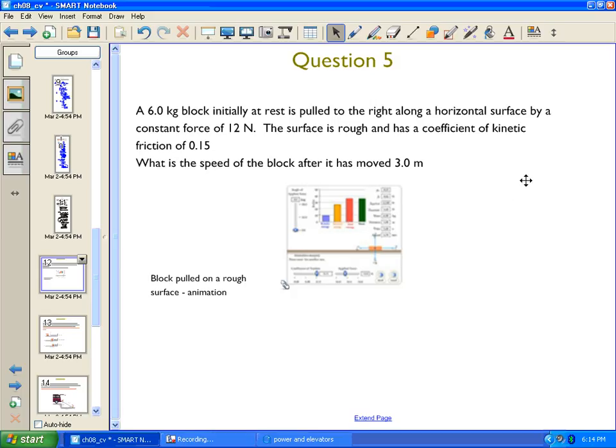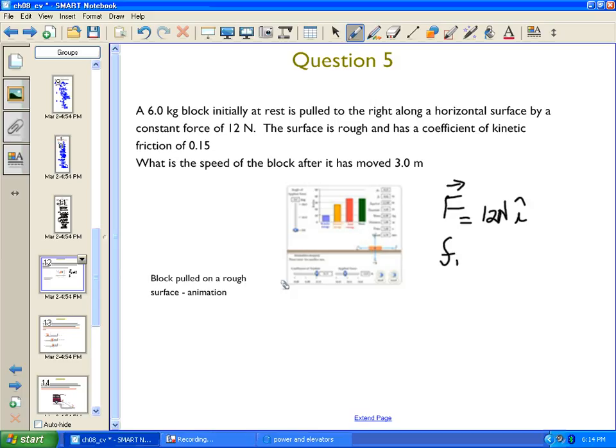Now here we have to be careful because we have friction, and not only friction, but we are also given a second force. So we have a force of 12 newtons, which is applied in the positive I hat direction.